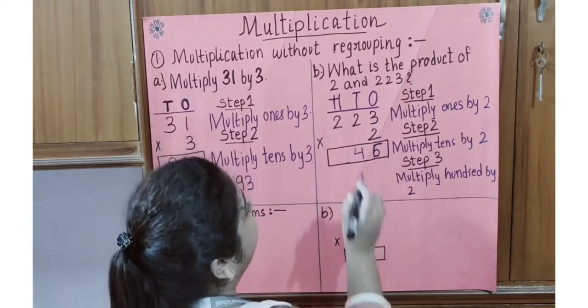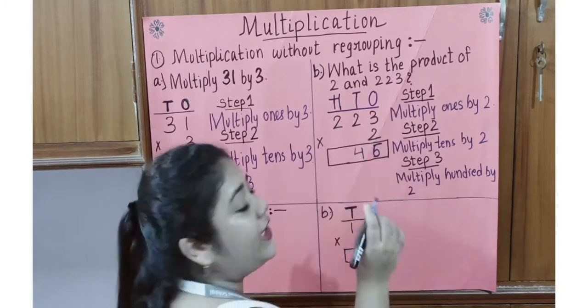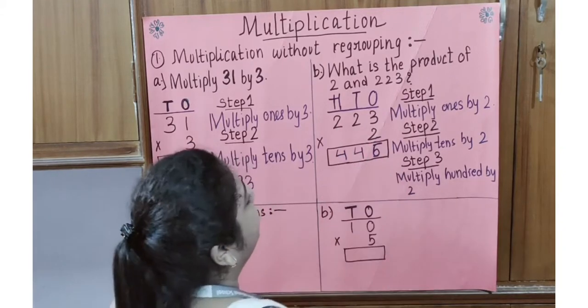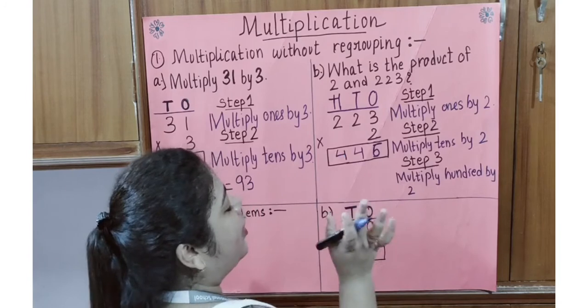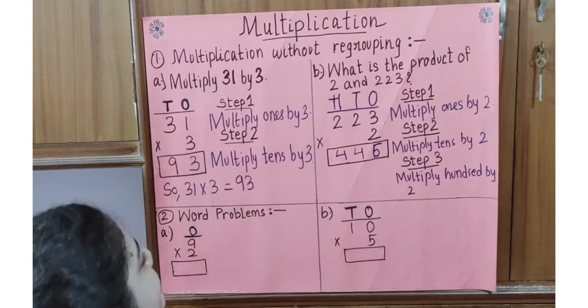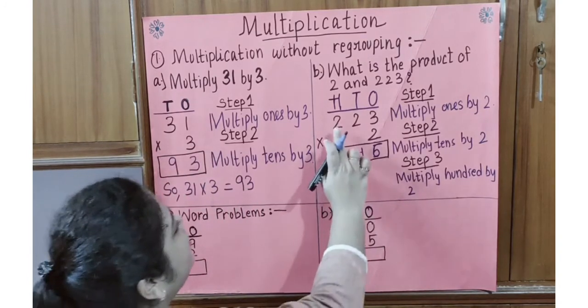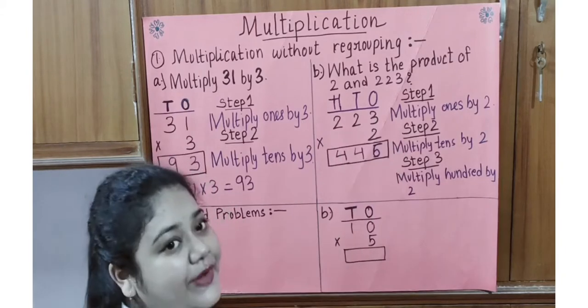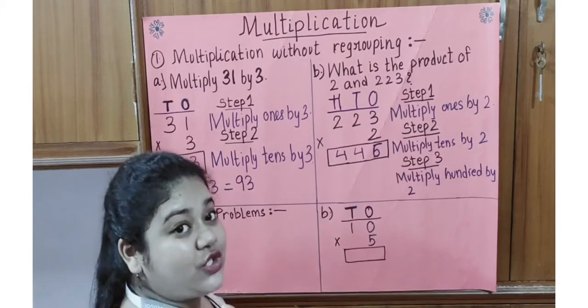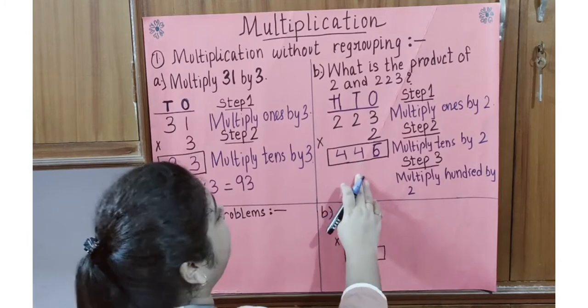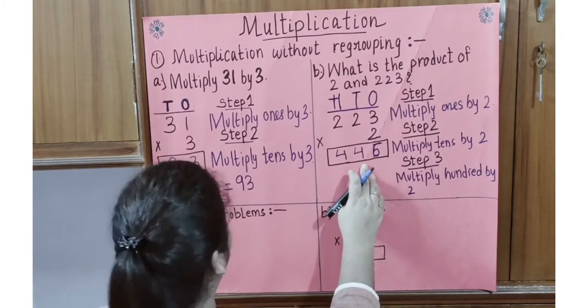We are going to get 2 into 2, that is, we are going to get the number 4. So children, what did we understand? We understood that by multiplying 223 by 2 we get 446.